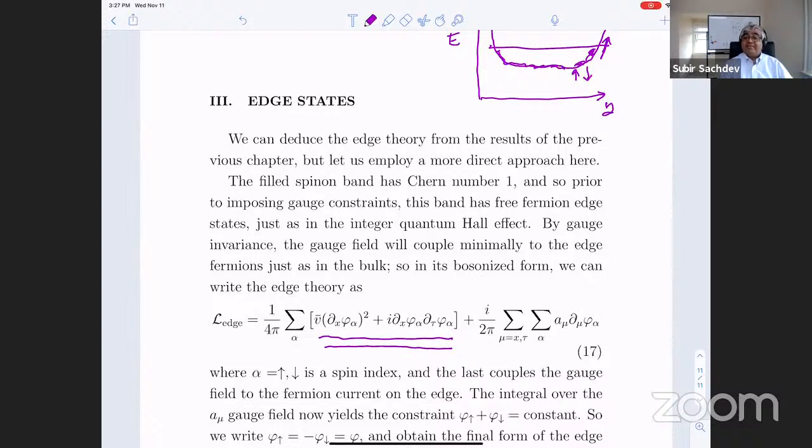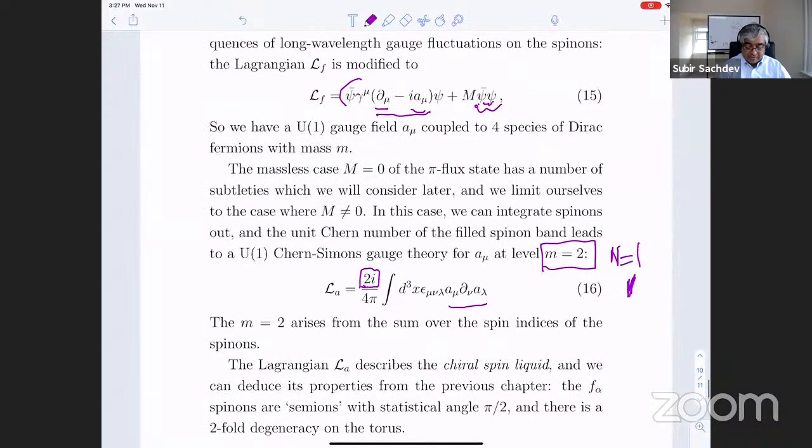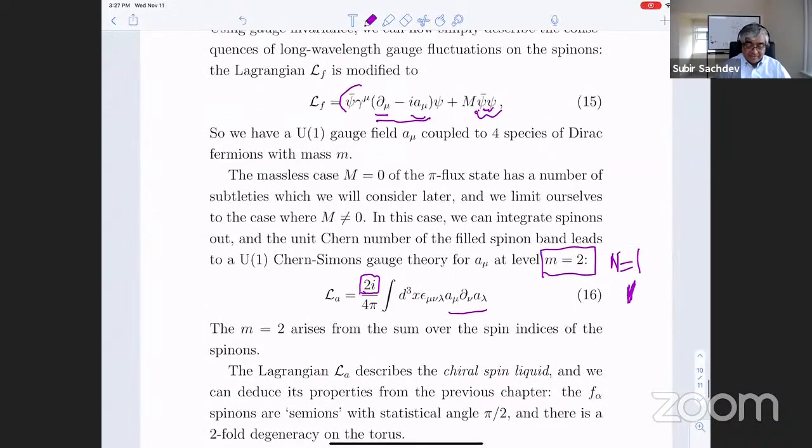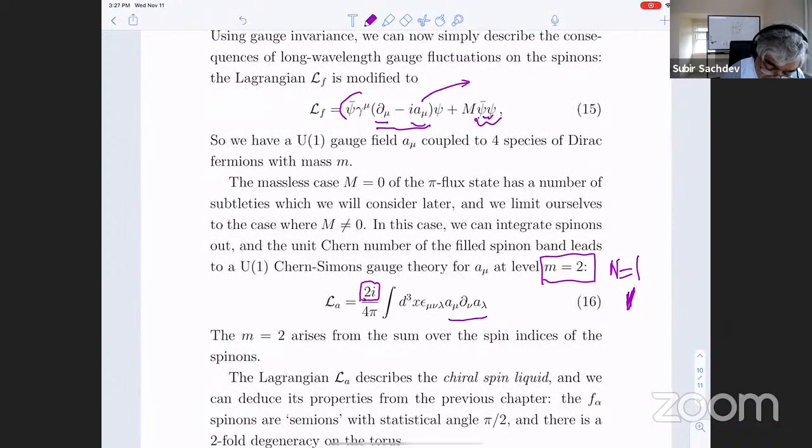But now how about the gauge fluctuations? This can't be the full theory because we know in the bulk that wasn't the theory. What about gauge fluctuations? So we have this internal gauge field which couples in the bulk to the fermion current, right? This coupling here is just A mu, J mu.